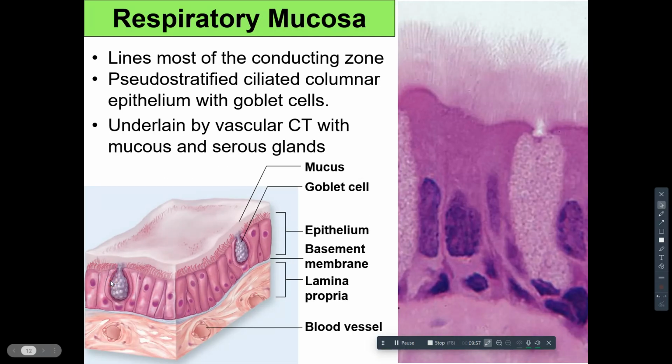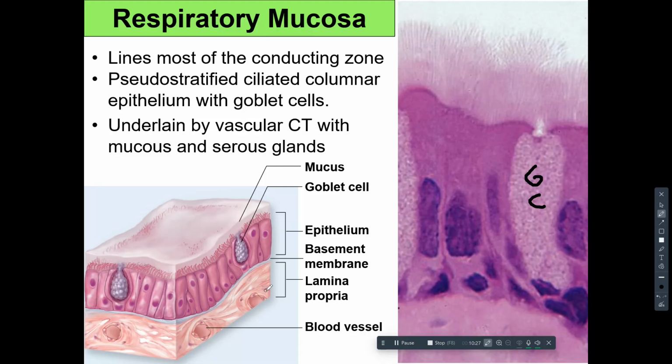That's my conducting zone. Now, most of my conducting zone is lined by what's called respiratory mucosa, which is going to be a pseudostratified ciliated columnar epithelium with goblet cells. And I see a goblet cell right here. Goblet cells, of course, make mucus. There are also going to be mucus glands in the underlying connective tissue. So I have some underlying connective tissue here.